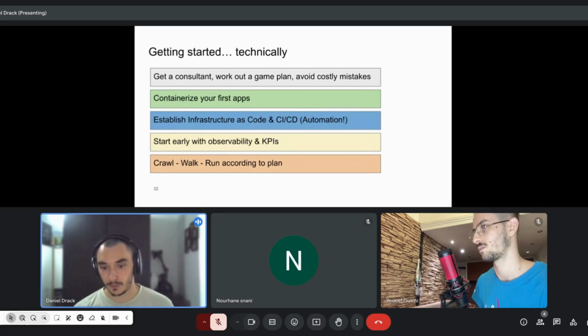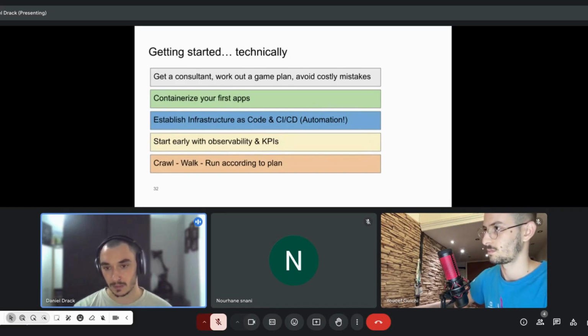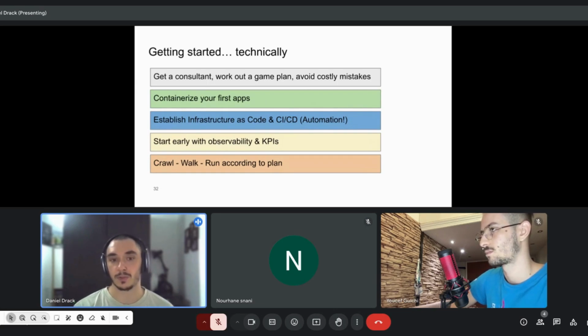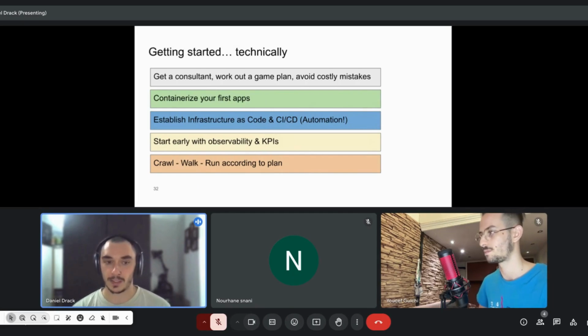Technically speaking, if you're then somewhat familiar with this cloud native ecosystem, the first thing that you will actually want to do is containerize your applications. So before you actually start to build Kubernetes clusters, all this automation on top, consider security or observability or whatever, the first thing you actually want to do is see if you're able to containerize your applications in the first place.